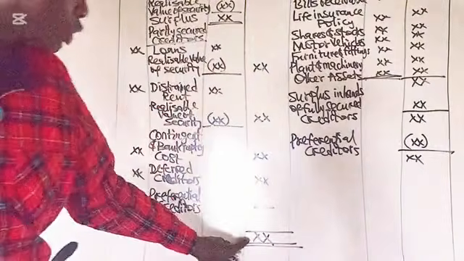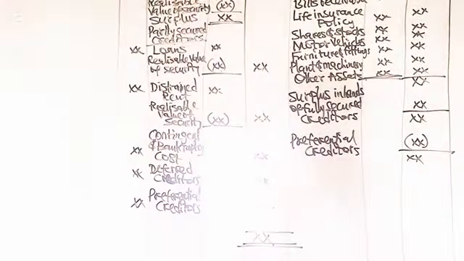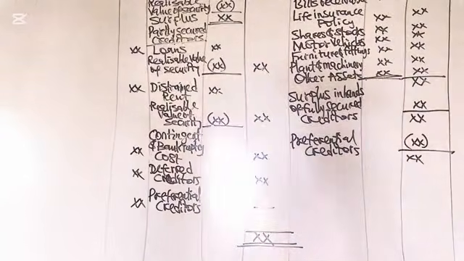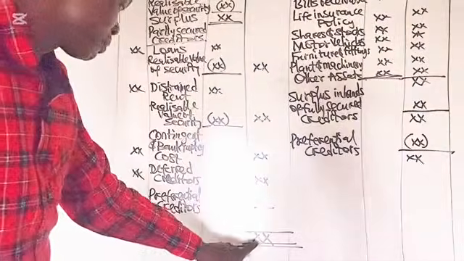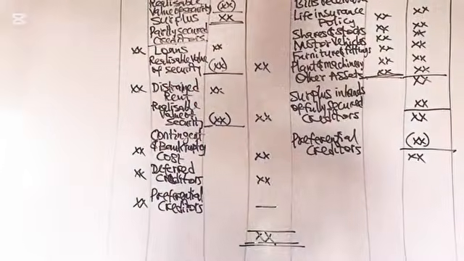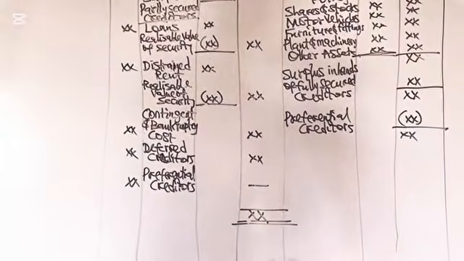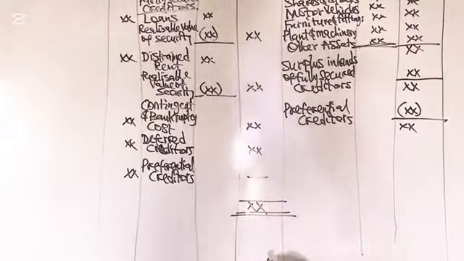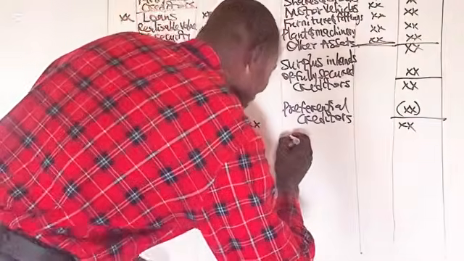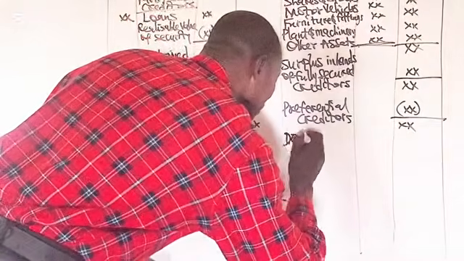You now compare this total with what you have here. You compare the two totals. So the total here may be greater than the balance you have left at the credit side. Where this is greater than this, the difference will be deficiency.